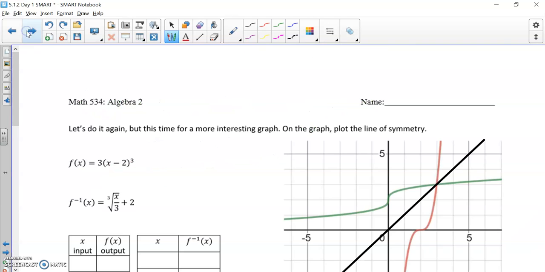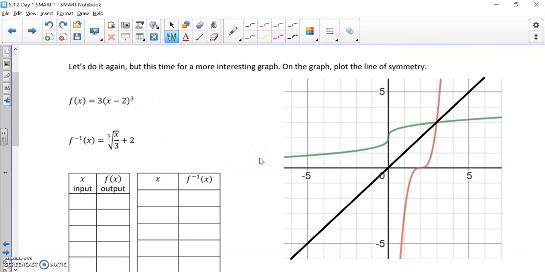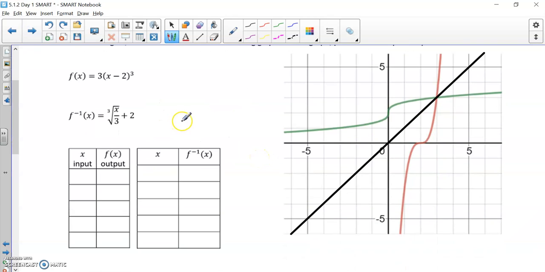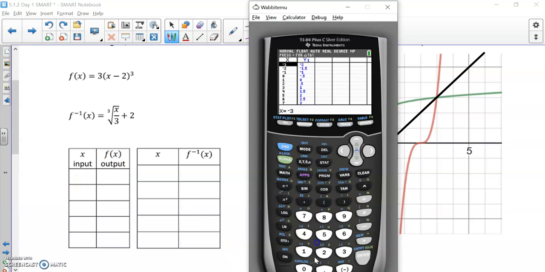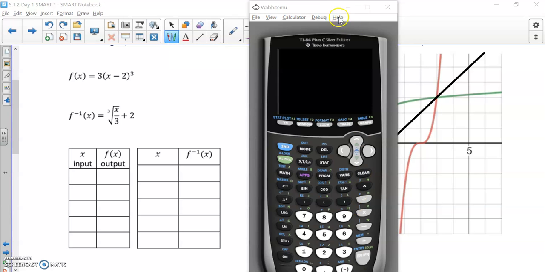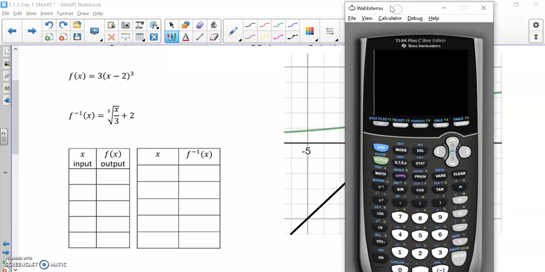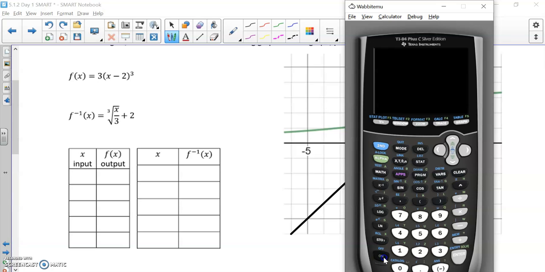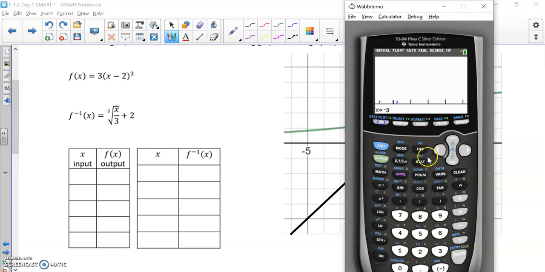All right, next example. Here I have provided for you the function, its inverse, and also its graph. So our goal here is to create the tables. So for my first one, let's just go ahead and go back to the calculator and graph that first function to see the table values.